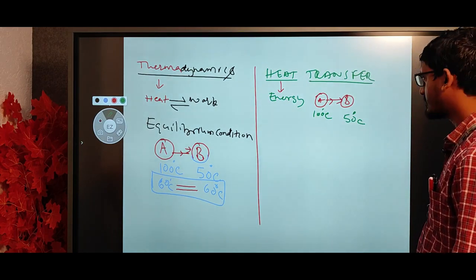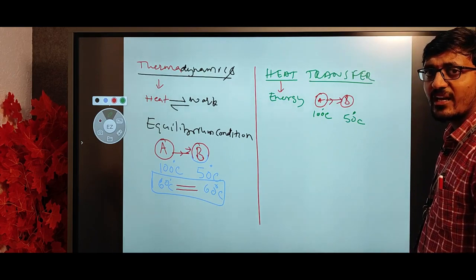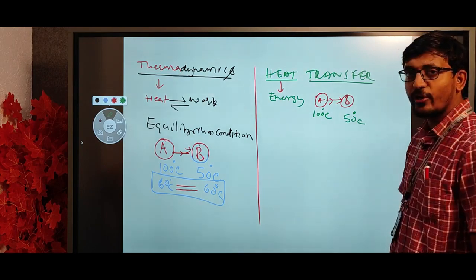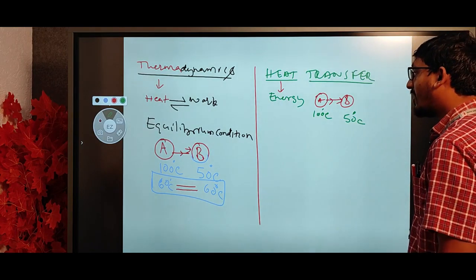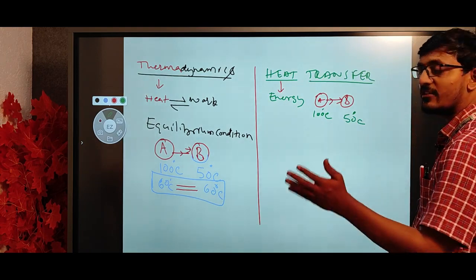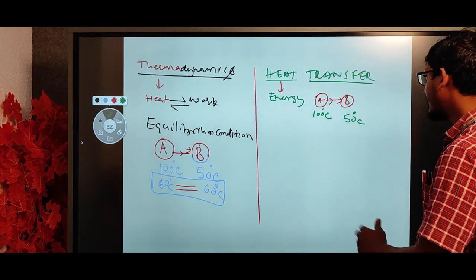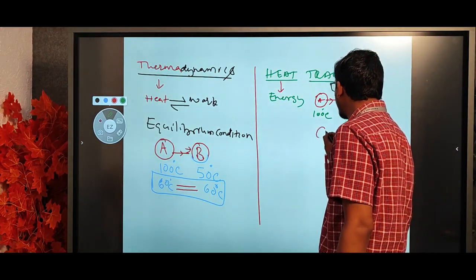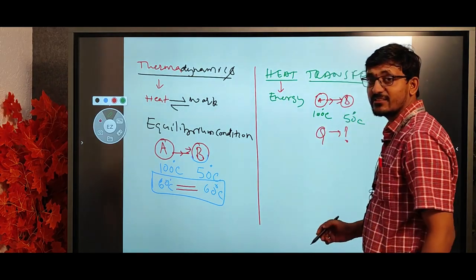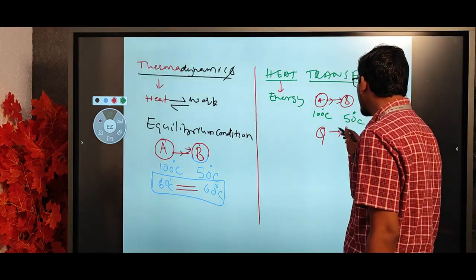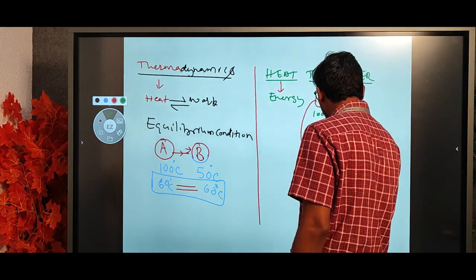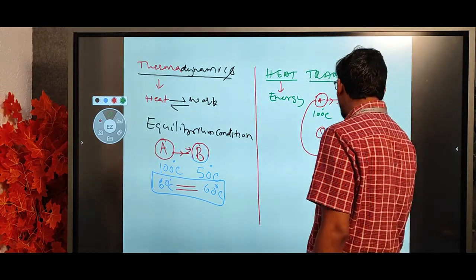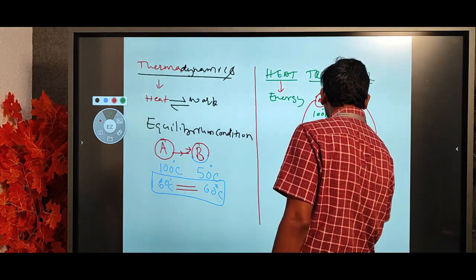But in that scenario we are not able to calculate how much amount of heat is transferred from body A to body B, as well as how much time it took to transfer heat from body A to body B. But in the case of heat transfer we are able to predict how much heat is transferred during a certain time, as well as calculate the individual temperature of body A and body B before they go to equilibrium.